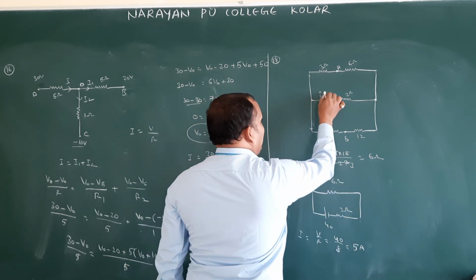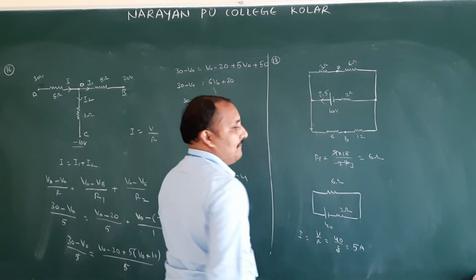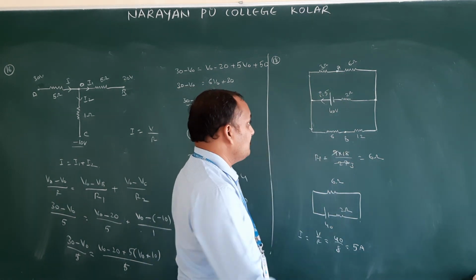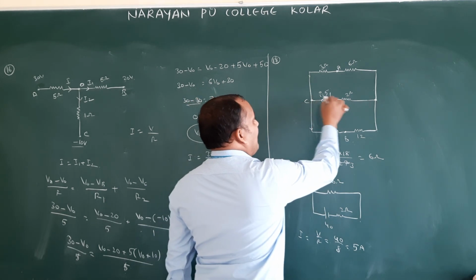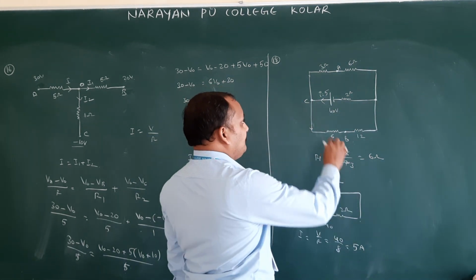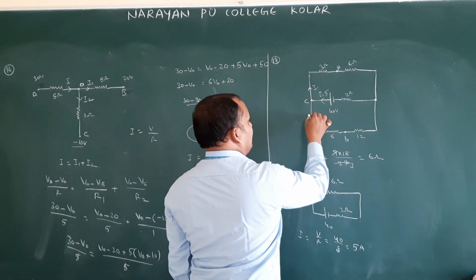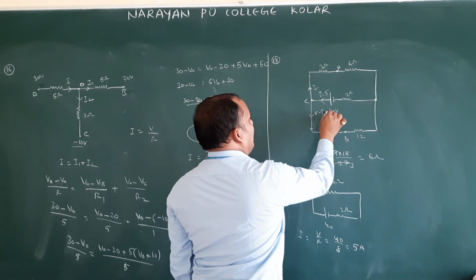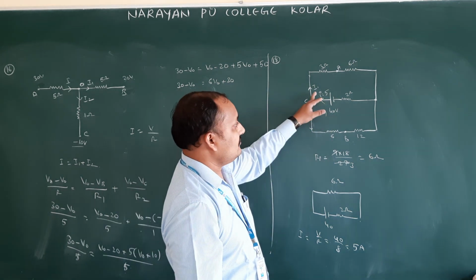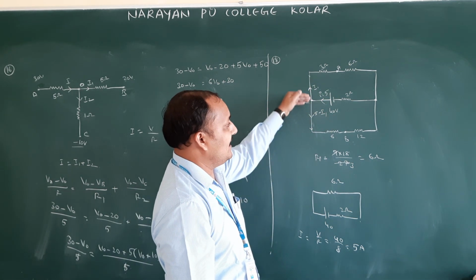So I value is 5 amperes. Now they are asking VA VB relation. This point we can assume C. This point we can assume D. So you can apply Kirchhoff's laws. This is I1. Remaining current 5 minus I1. Isn't it? I1 is going like this, means remaining current 5 minus I1.